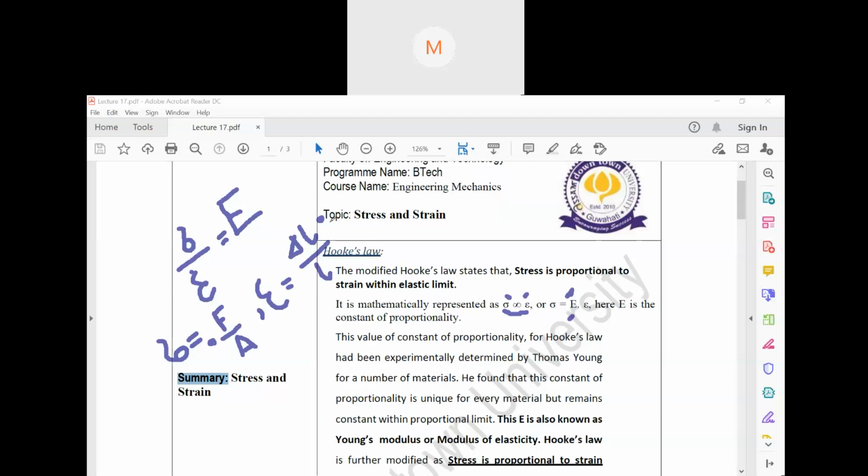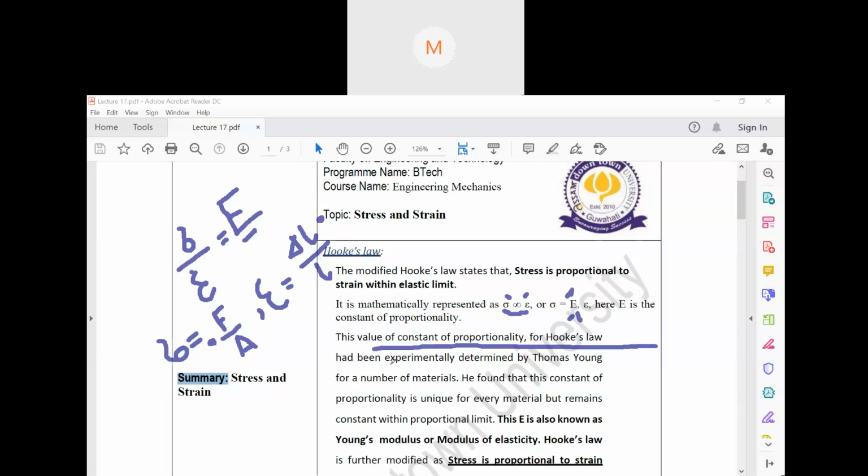So definitely this will be different. That is why we get the value of E, that means the Young's modulus, or the constant of proportionality for Hooke's law, which is E. It is different for different materials.